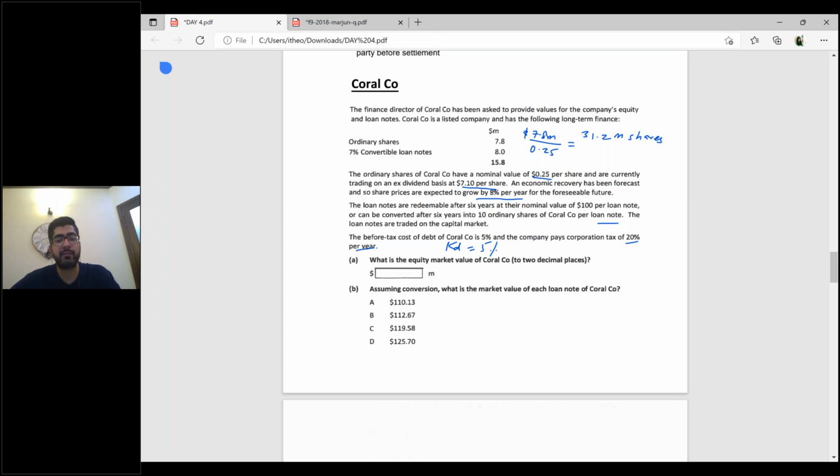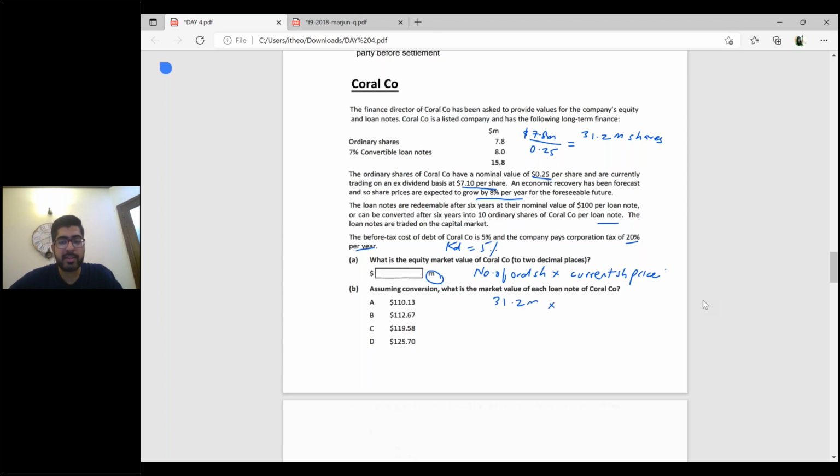What is the equity market value of Coral Company, in millions? Equity market value is simply the number of ordinary shares times the current share price. So what is the number of ordinary shares? 31.2 million.